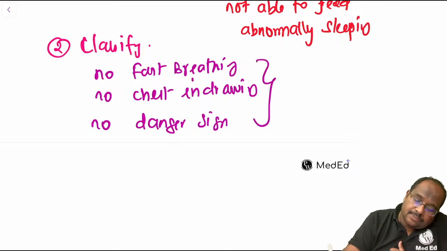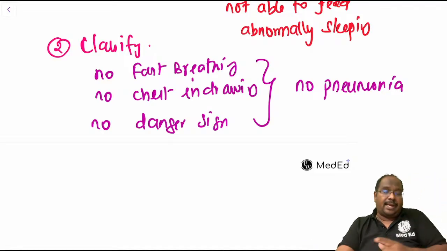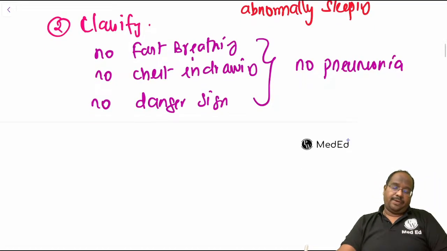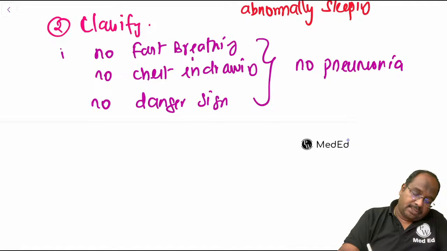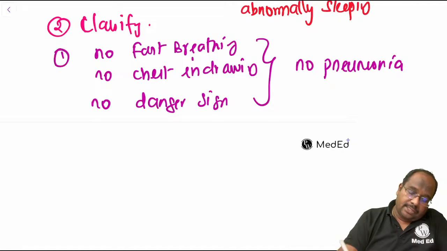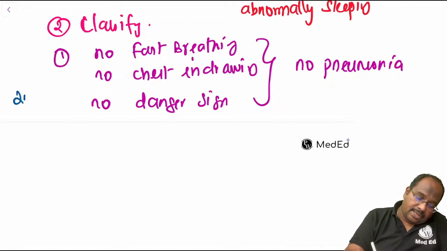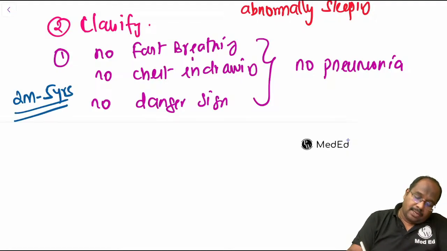What is this? No pneumonia. You can make a diagnosis based on what we have discussed. This is for the age group of 2 months to 5 years.